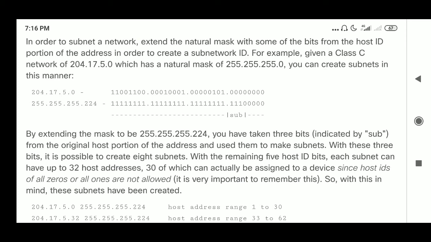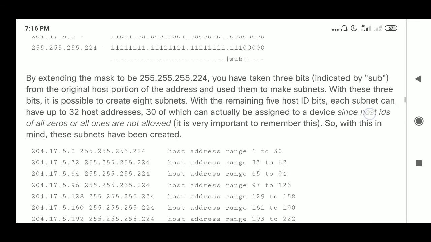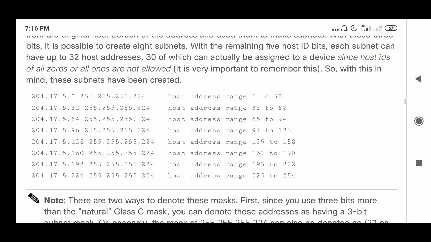But all zeros will give you the network address itself, which is creating the subnetwork, and all ones give you the broadcast ID in that network. So you can have 6 subnetworks using this mechanism.